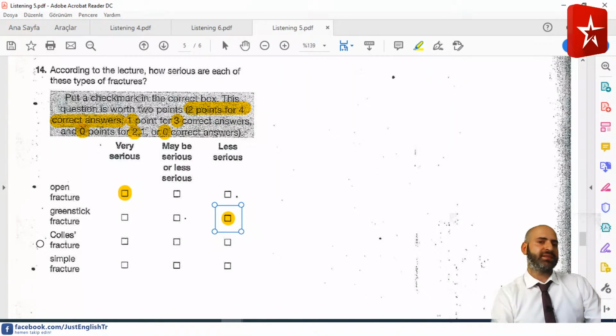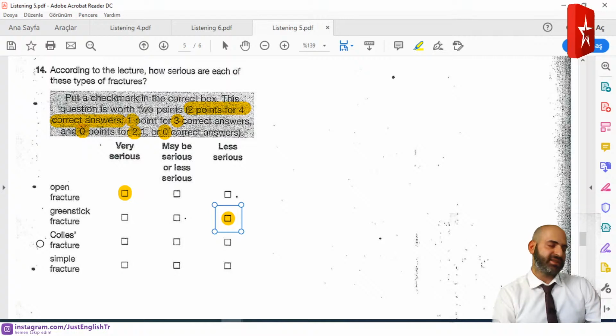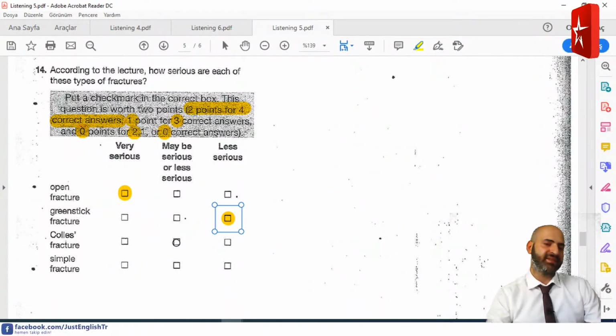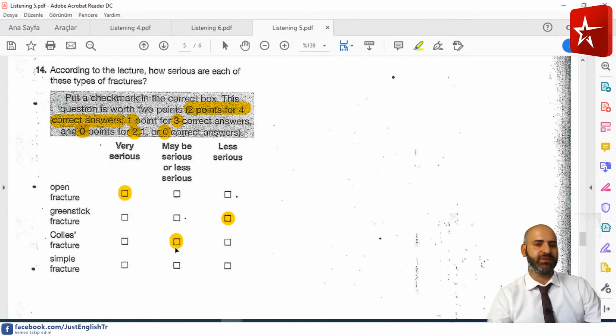Cole's fracture is maybe serious or less serious. Thank you, Ece and Dilara, because the professor said in some cases it can be, in some cases it's not.